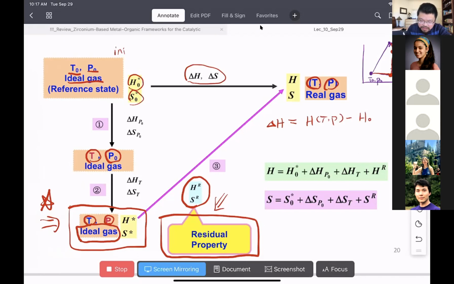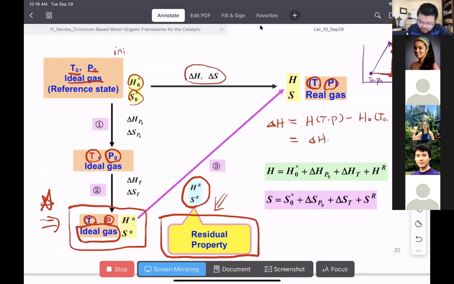This is ideal gas at T naught, P naught. Okay, so that would be same as delta H. Here I was using P naught, so this is the first pass.